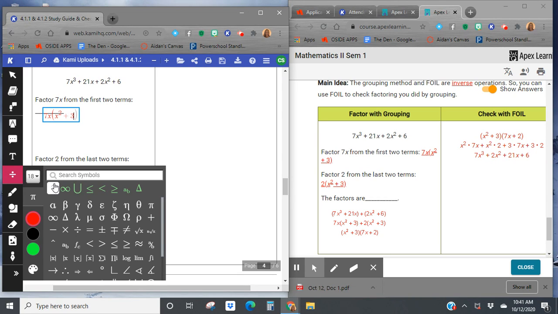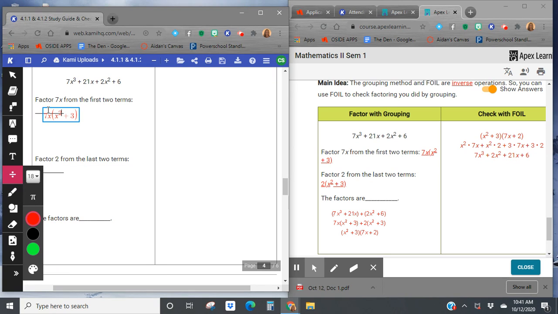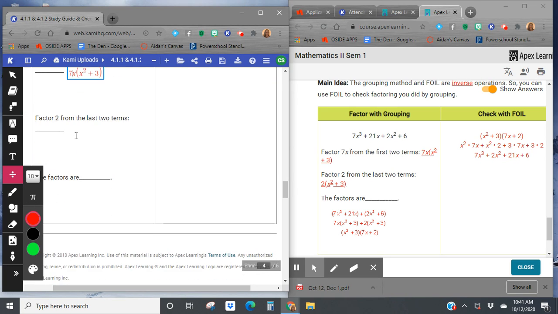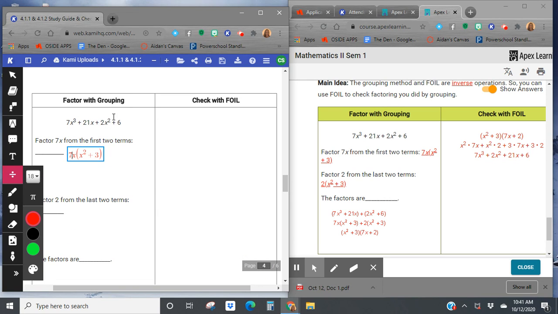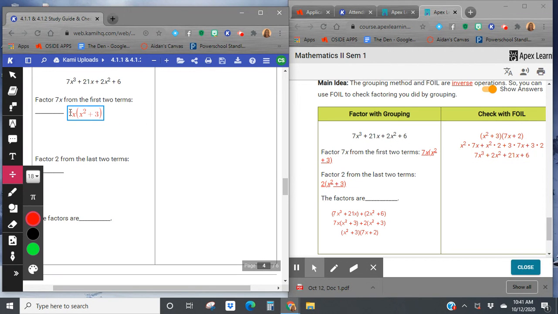The sign in the middle stays the same. Factor a 2 out from the last two terms. So taking out a 2 here will leave x squared. Taking out a 2 here will leave 3.